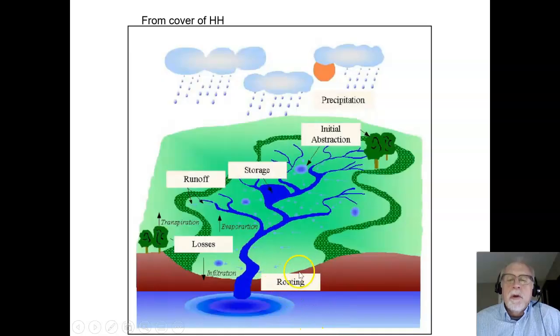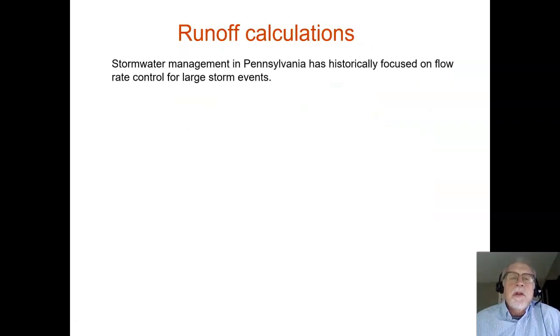We'll talk briefly later about routing and some of the losses along the way. Well, we've talked about that a little bit so far. So for the calculations, I decided to go back to stormwater management.